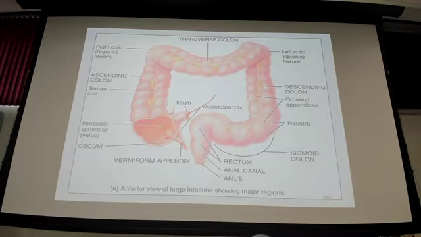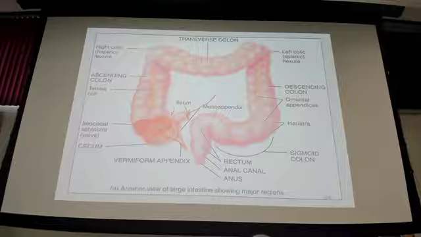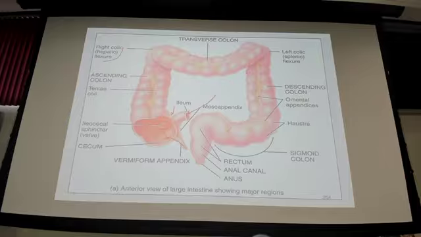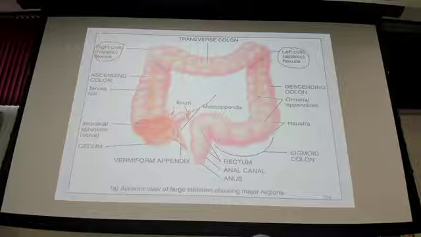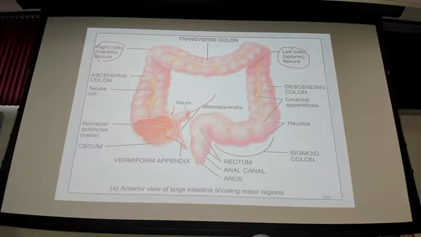And we'll call your attention to a couple other things here. So, the hepatic flexure and the colon and the splenic flexure. Why do you think we call them those? Because the liver is here and the spleen is here. So it comes up, flexes, goes over, flexes again, and goes down. All right. Omental appendages, these little fat pieces hanging off. The haustra are these outpouchings, right?